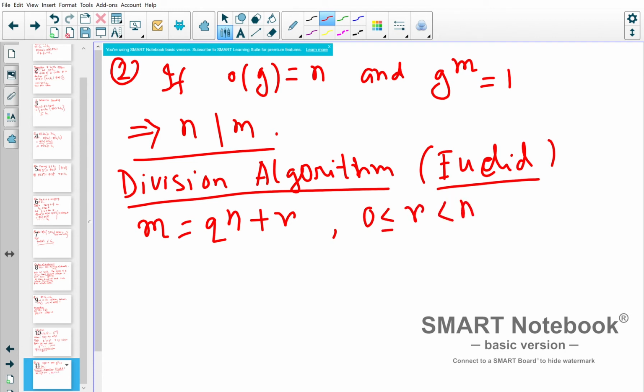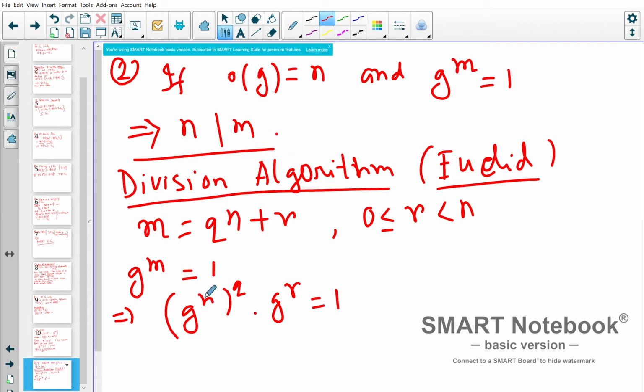Okay, now g power m equal to identity gives you what? This gives you (g power n) whole to the power q into g power r equals identity. Okay, but g power n equals identity already, because n is the order, so this gives you identity, and you are getting only g power r equals 1.